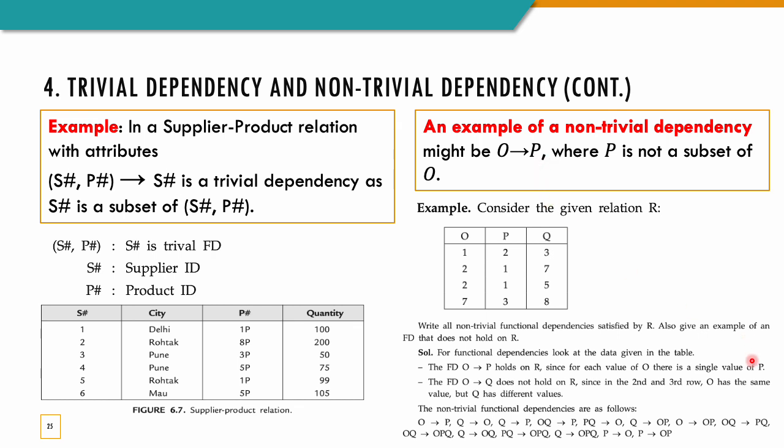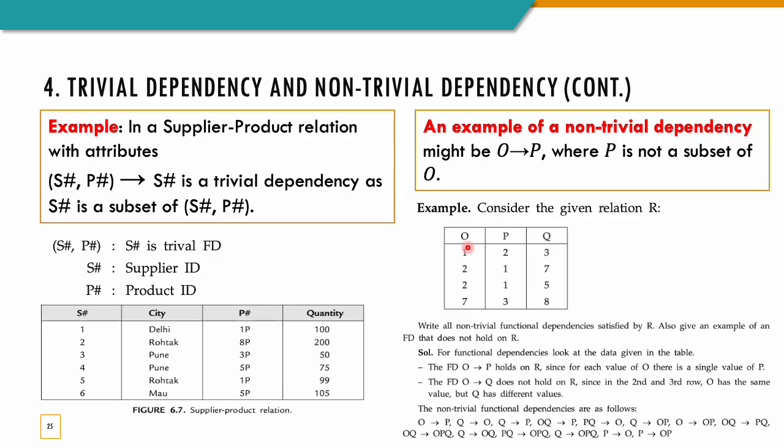Okay, in the relation R, we have columns O, P, and Q. By observing this data, we can find the non-trivial functional dependency. For example, O to P holds because each value of O corresponds to only one value of P in the table.